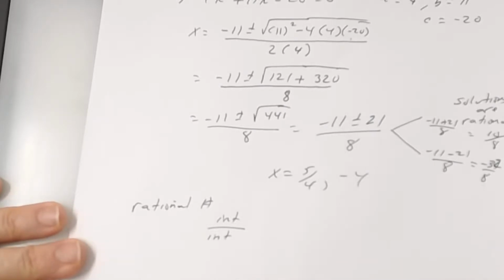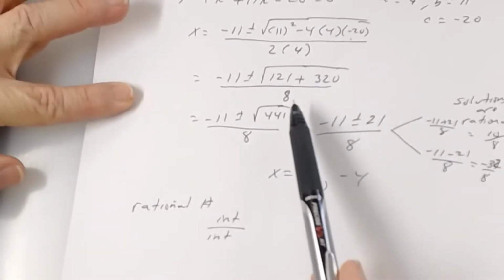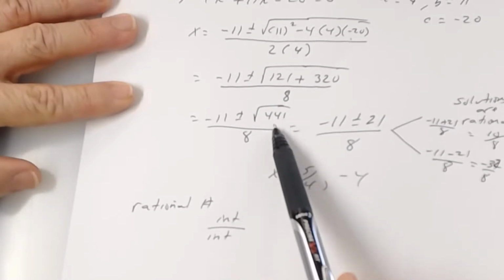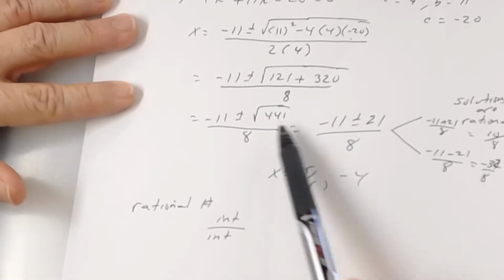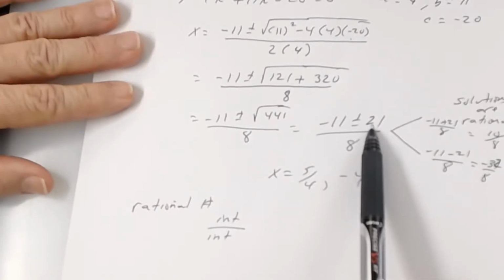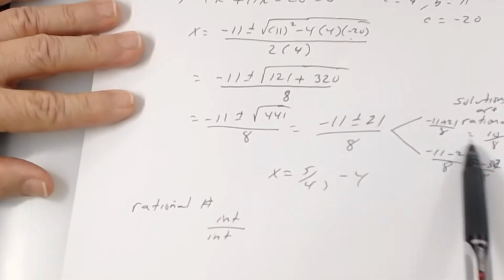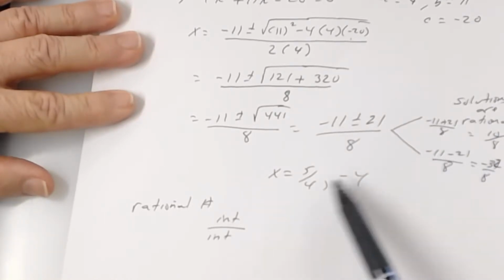So those are rational numbers. Notice we plugged and chugged. I ended up with the square root of 441, which turned out to be a perfect square, so when I took the square root of it, I got a whole number. Since I no longer had a square root, I split it apart. So those are your two solutions.